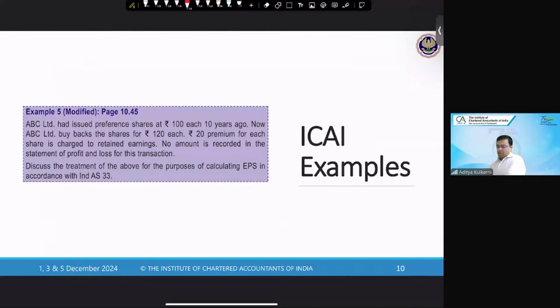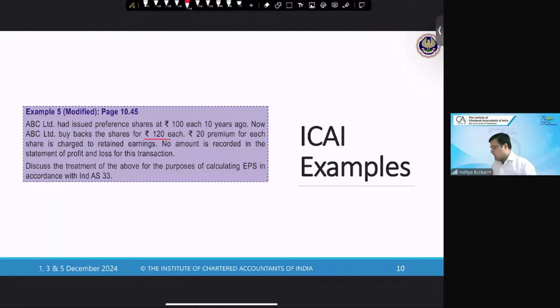Now you have an example from your study material on this concept. ABC had issued preference shares at rupees 100 each 10 years ago. Now ABC buys back the shares for rupees 120 each. Rupees 20 premium is charged to the retained earnings.